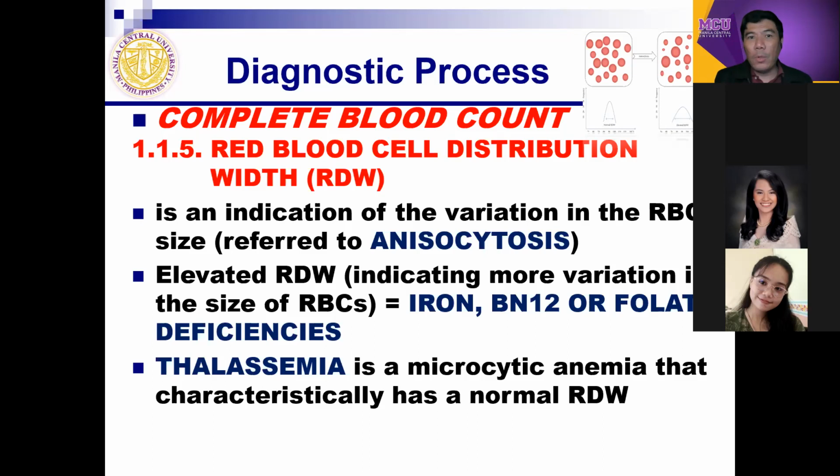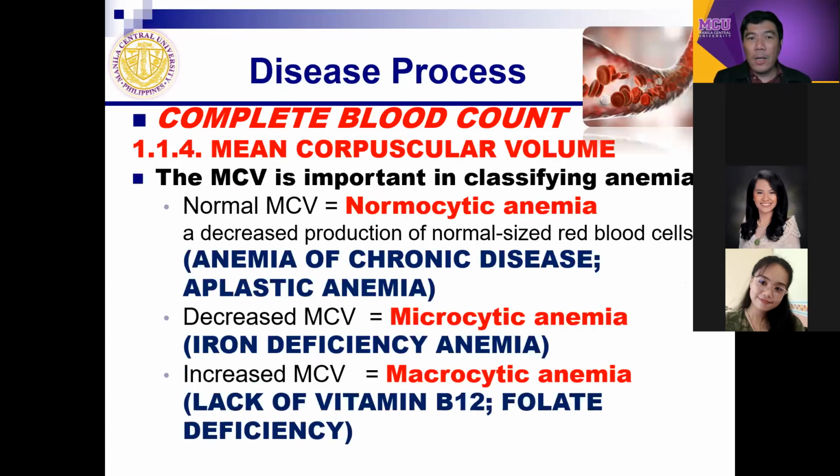So the elevation of the RDW, or red blood cell distribution width, is significant only in iron, vitamin B12, or folate deficiencies. So going back again to the mean corpuscular volume, if normal MCV it's normocytic, if decreased MCV it's microcytic, if increased MCV it's macrocytic anemia. If you wish to identify the type of anemia, when the size is normal but the number is low, it is caused by aplastic anemia, which is a decreased production of RBC in the bone marrow, and anemia of chronic disease.